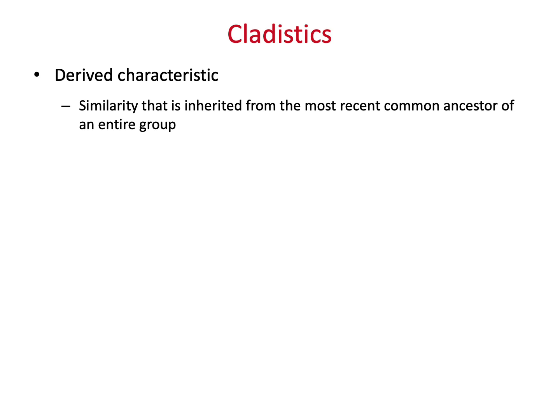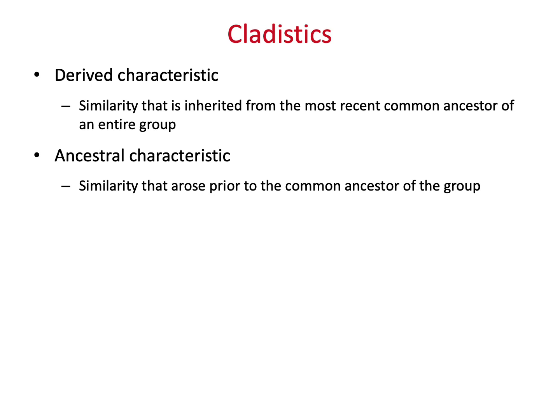Therefore, the best way to reconstruct phylogeny is to distinguish characteristics inherited from the most recent common ancestor. These types of shared characters are called derived characters. Derived characters are the ones that we normally use for constructing evolutionary relationships. If you have derived characteristics, you also have ancestral characteristics.